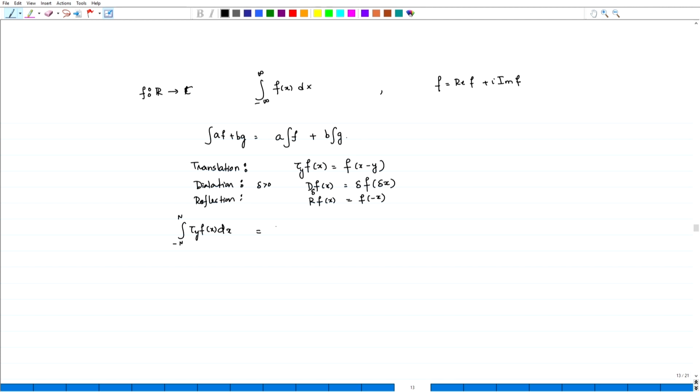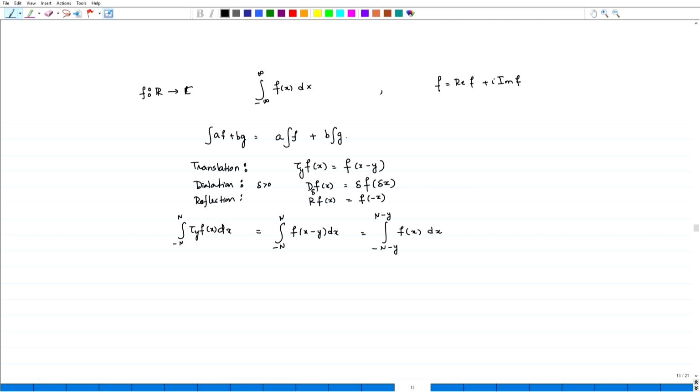Let us write one more step, which is equal to the integral from −n − y to n − y of f(x) dx. So, by making a change of variable, this is what we have got.